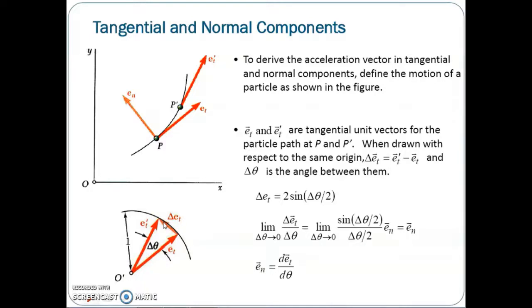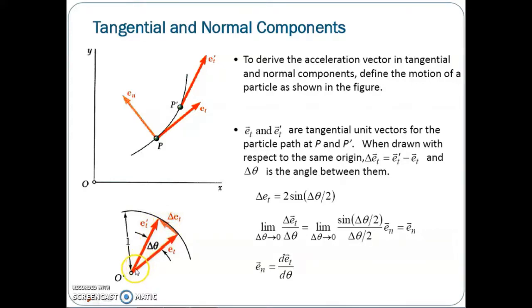Since e_t and e_t prime are of unit length, their tips lie on a circle of radius 1. If we denote delta theta as the angle formed by e_t and e_t prime, then we can find the magnitude of delta e_t. How do we find this delta e_t?